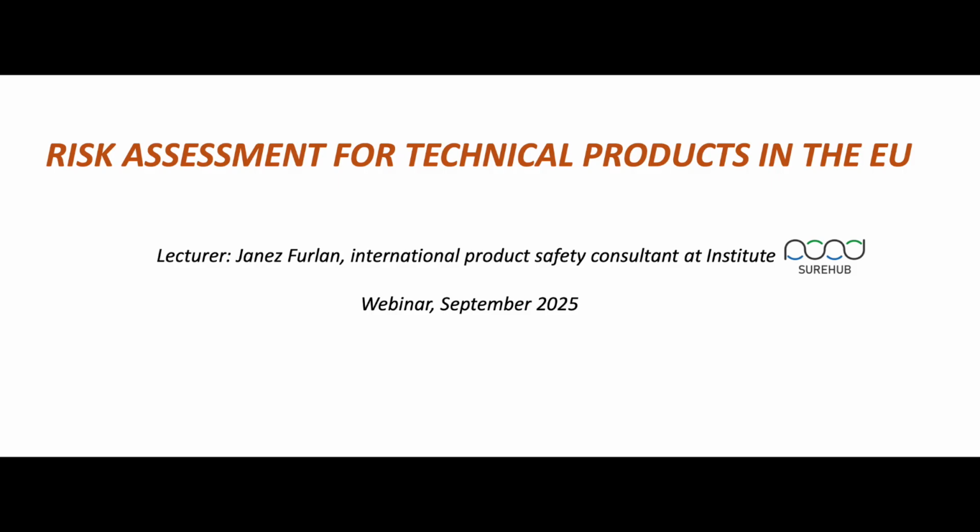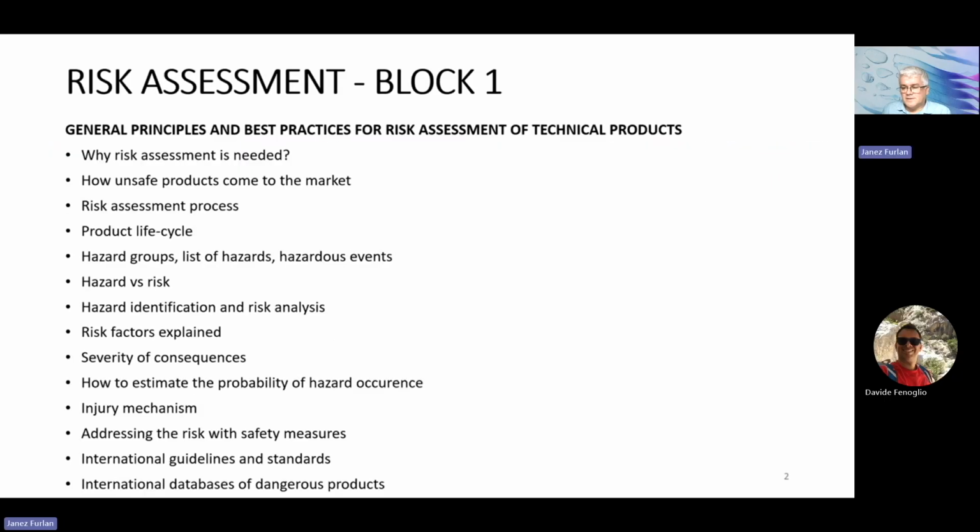So if we go first to the first block, we will start with the general principles and best practices for risk assessment of technical products. We will try to learn why risk assessment is needed at all. Why do we see unsafe products on the market? How the risk assessment process should be done by the manufacturers.